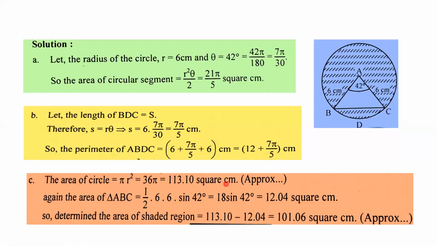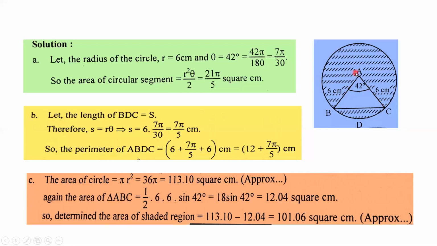Now another formula. The area of any triangle equals half into any two sides into the sine of the angle formed by them. That is half of AB into AC into sine of angle BAC. Any two sides, AB and AC, and the angle formed by AB and AC is BAC.